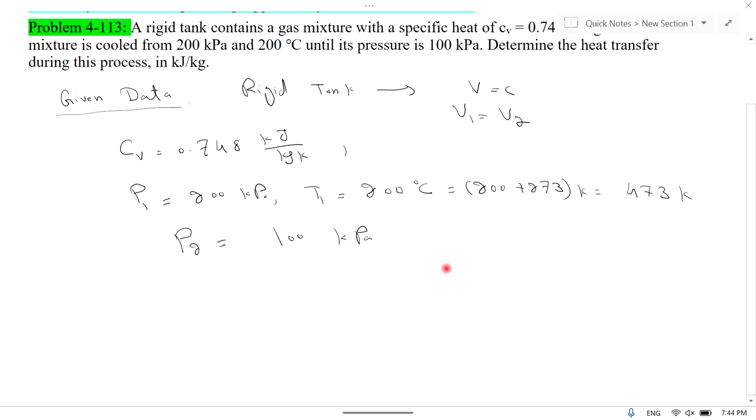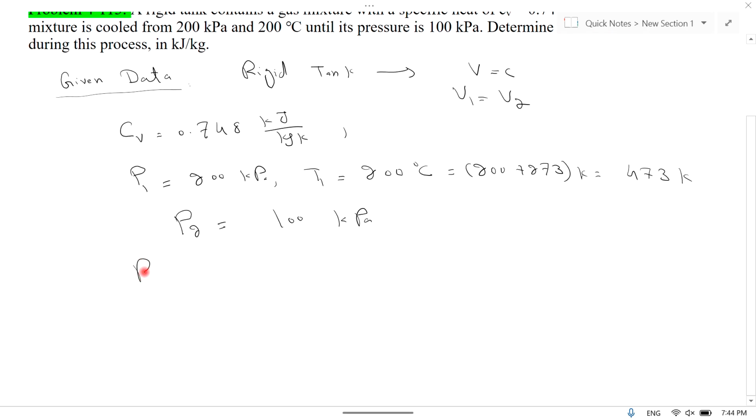Determine the heat transfer during the process in kilojoule per kg. Per kg means specific, so it is small q, specific heat transfer in kilojoule per kg.